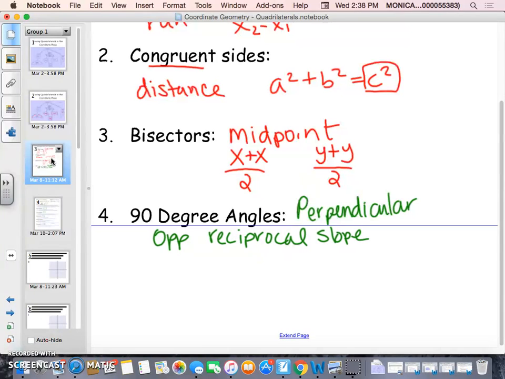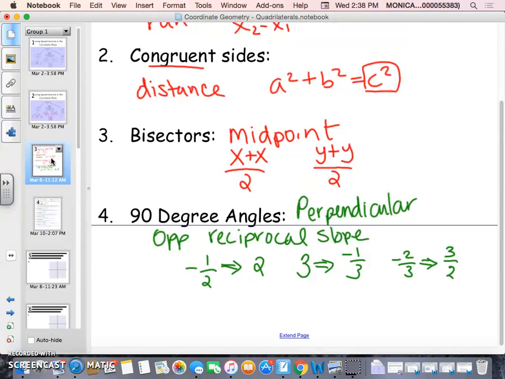So if you had negative 1/2 as your slope, the opposite reciprocal would be positive 2. Remember that? If you had positive 3 as your slope, the opposite reciprocal would be negative 1/3. And let's say you had negative 2/3 as your slope, the opposite reciprocal would be 3/2.